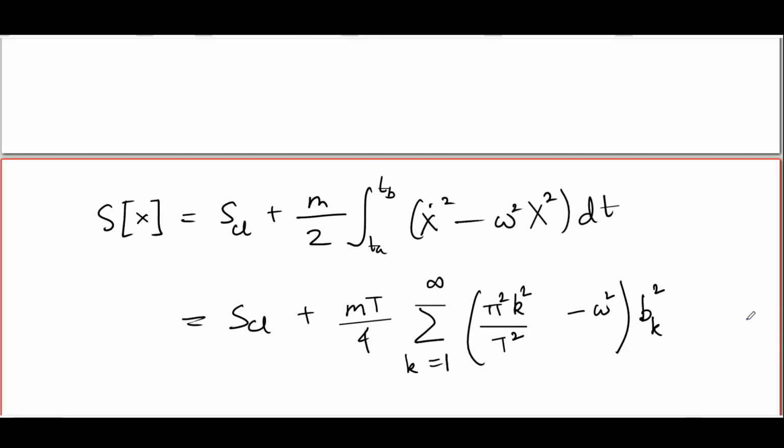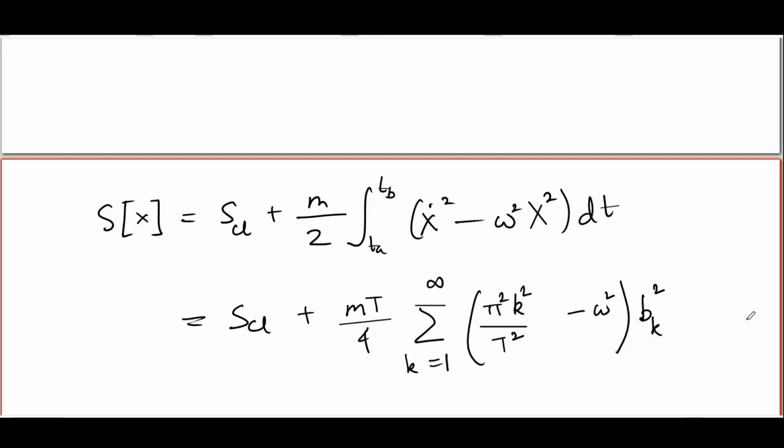Least action fits in so nicely with the concept of a lazy god or some such story that it has become very, very popular. But let me now point out that the moment the time interval capital T exceeds pi by omega, then some of the coefficients of this additional term become negative. For example, if capital T is between pi by omega and 2 pi by omega, then the coefficient of b1 squared is negative.